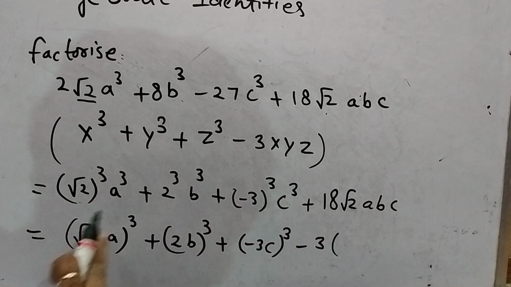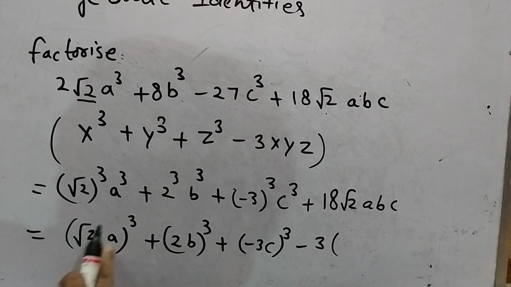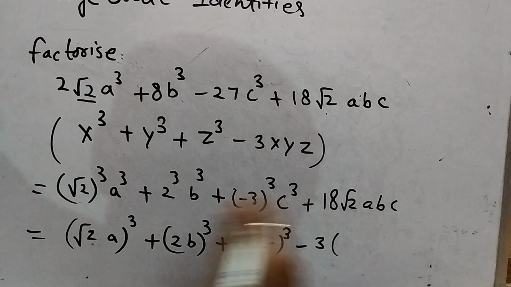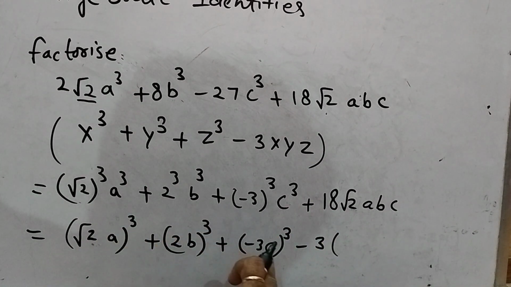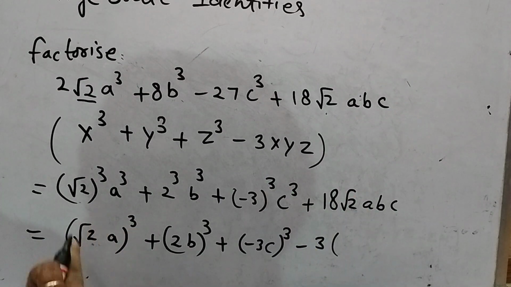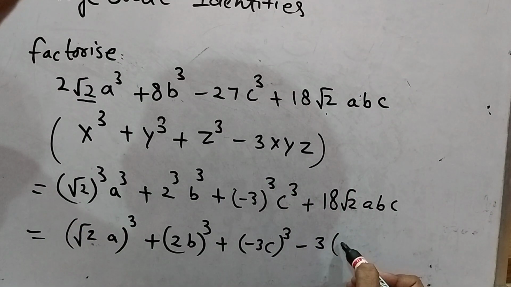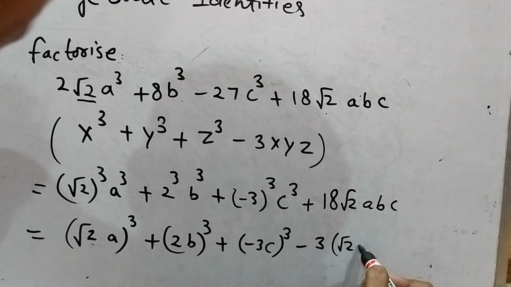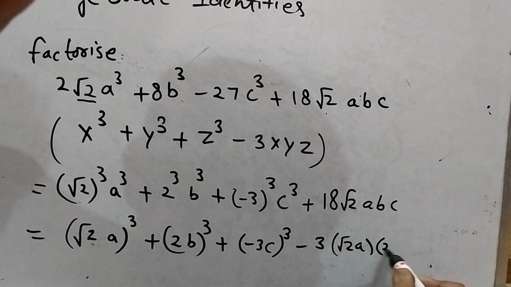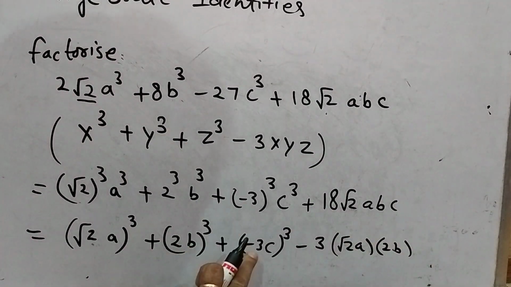What is a? It is x cube plus y cube plus z cube minus 3xyz. So what is x here? Root 2a. What is y here? 2b. What is z here?